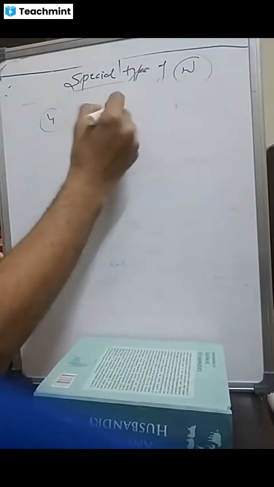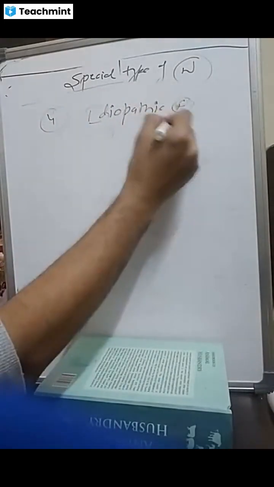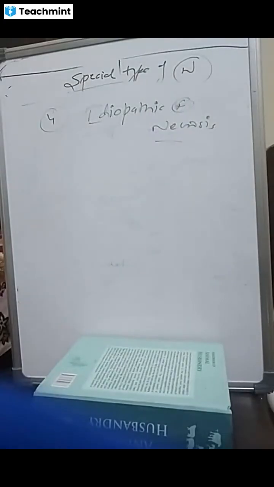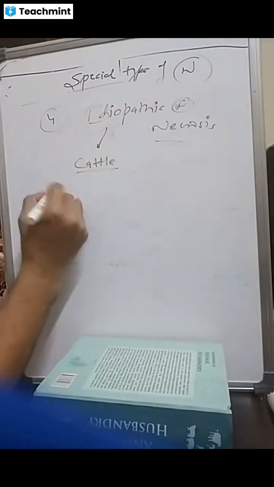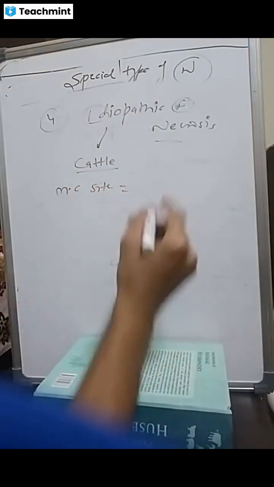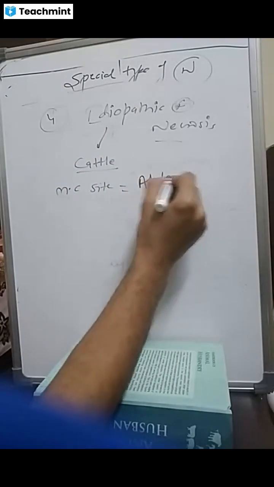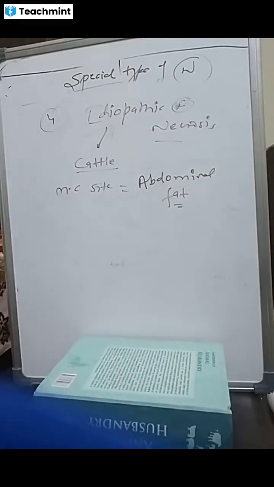Number 4 is without any etiology, idiopathic fat necrosis. It is found in cattle. Most common site of this necrosis is abdominal fat of cattle. Gross is chalky white.